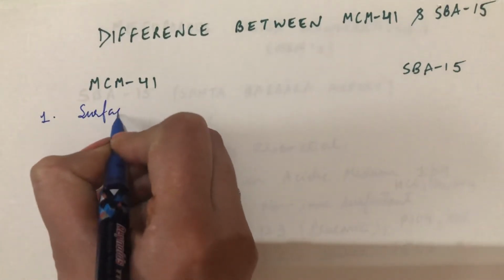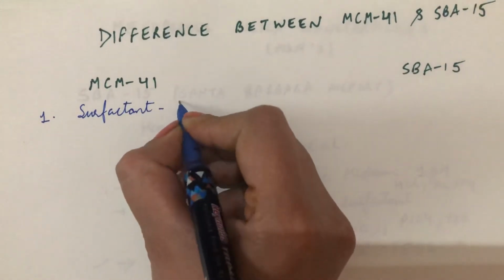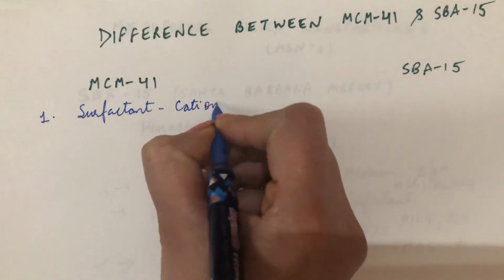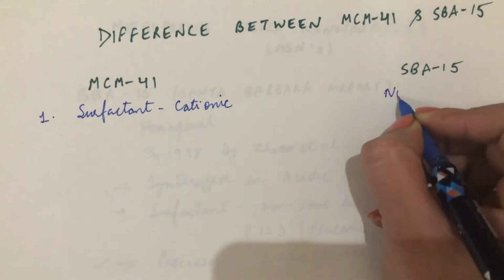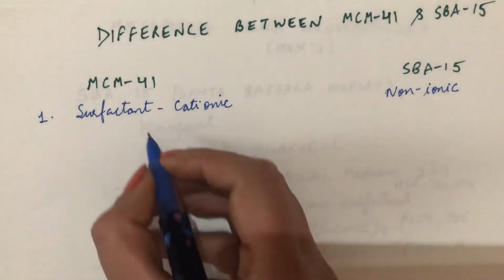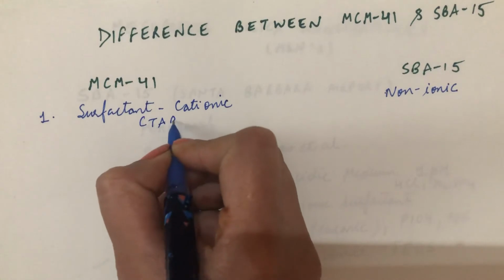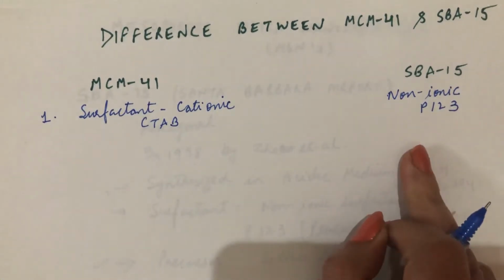Here the surfactant used was cationic, but in SBA15 it is non-ionic, right? The example for MCM41 was CTAB, here the example was P123. This is the main difference.